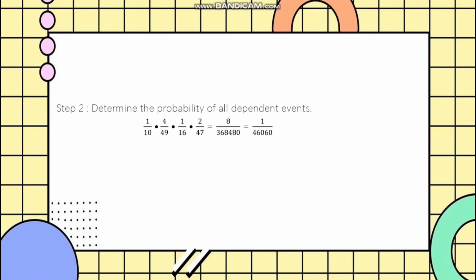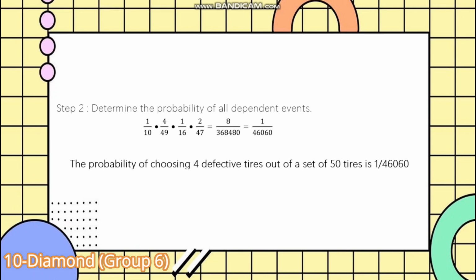We can simplify this by their GCF, which is 8. So now we have 1 over 46,060 as our final answer. So, the probability of choosing 4 defective tires out of a set of 50 tires is 1 over 46,060.